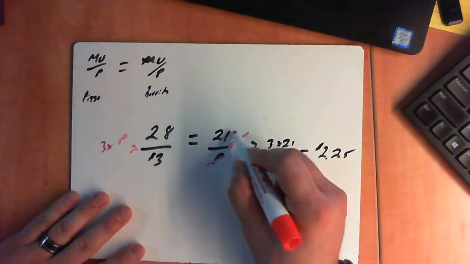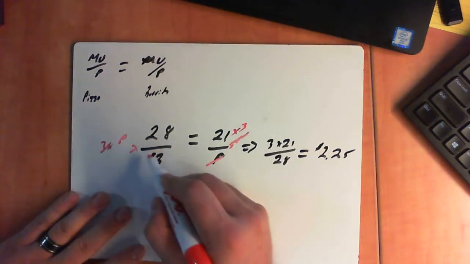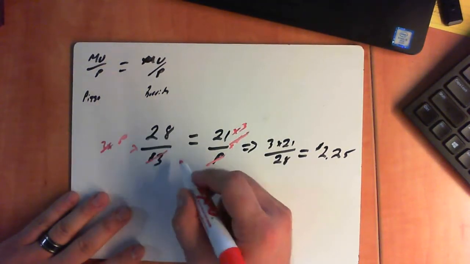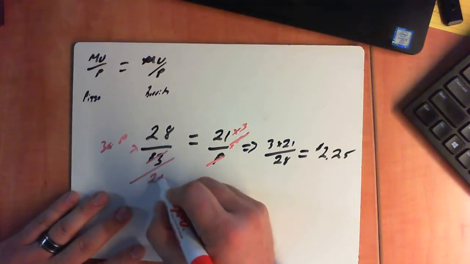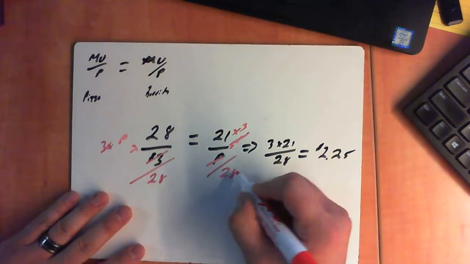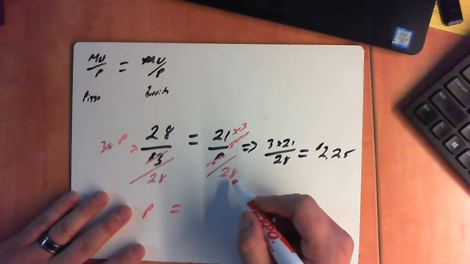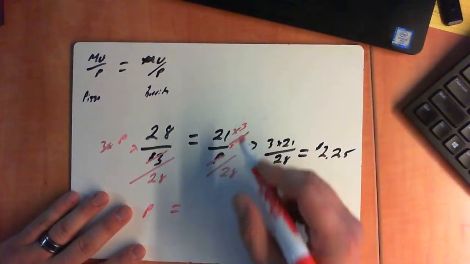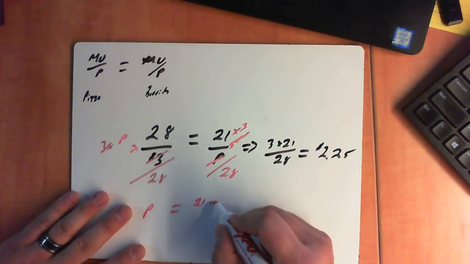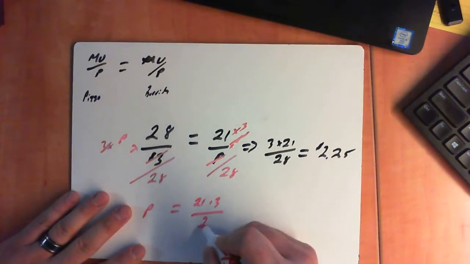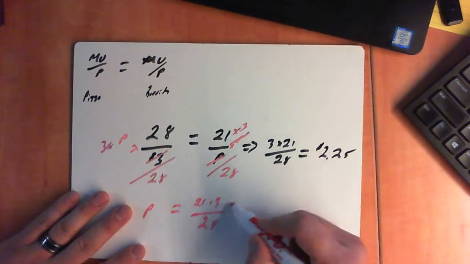We get 28 divided by itself, so we're going to divide by 28. Therefore, you're left with P equals 21 times 3 divided by 28, which is the same thing as up here.